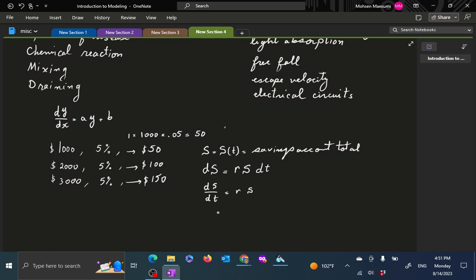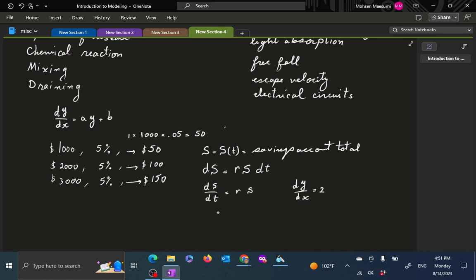Now you might not be familiar with this kind of lettering. If instead of s, I had used the generic letter y, and instead of t, I had used the letter x, and for r, let me just use some easy number so that we don't go into decimal numbers and such.